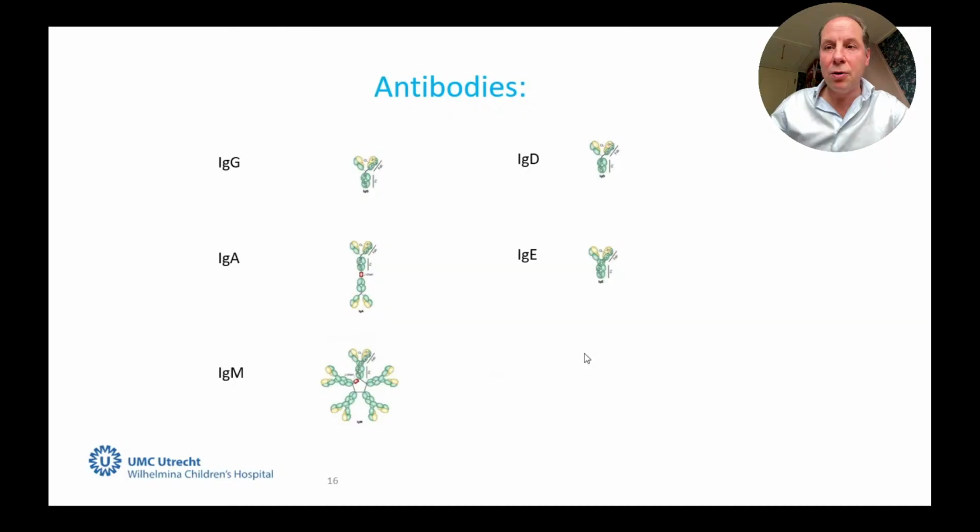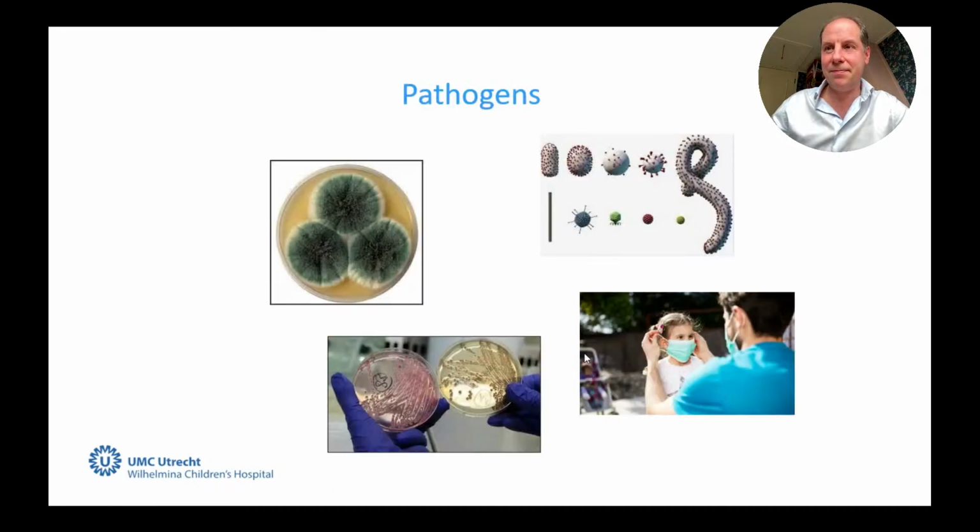And you may see that different classes of immunoglobulins are missing in a single patient. And when we think of the pathogens that surround us, there's fungus. You see on the left top panel fungus in a petri dish in the laboratory, but you may also see it on garden rubbish or on food that has gone bad.